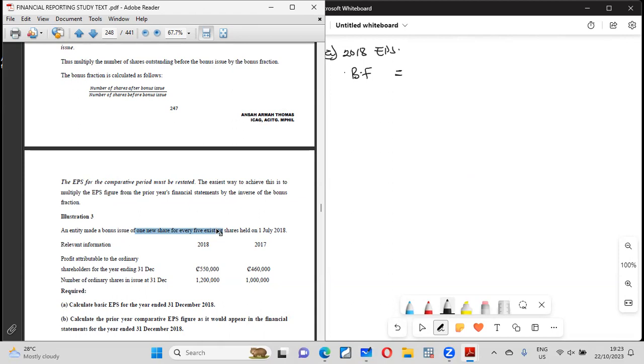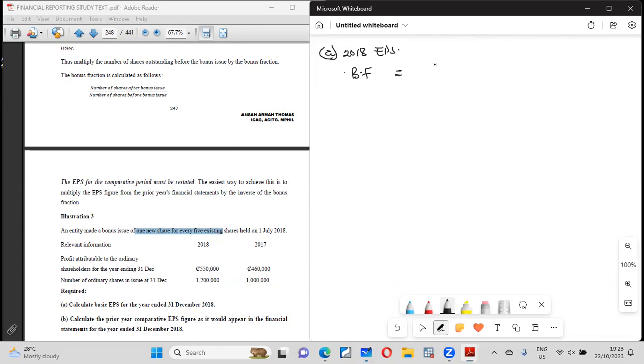So that is what Emmanuel gave us. So he said it's 6/5, right? Yes. All right, so we know our bonus fraction. Then we said that apply the bonus fraction to the number of shares that will be existing before the bonus issue. So we start 01/01/2018 up to when did they do the issue? We had July. So here will be 30th June 2018, right? What's the number of shares that is existing? 1 million.